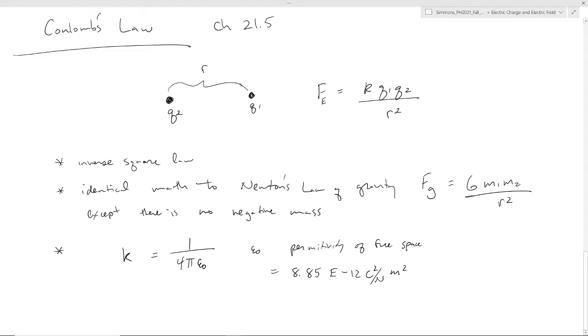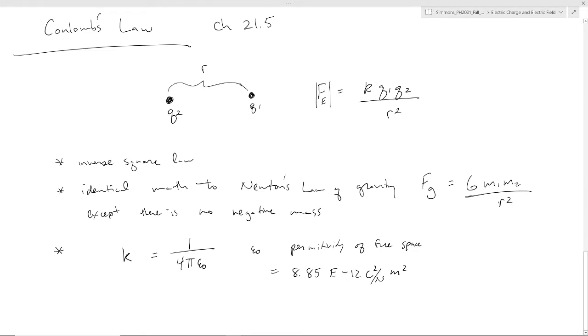So there's that. And then the other thing that I wanted to mention and be a little more rigorous about is that this is a force, so this has direction. It's a vector. What I have written so far is just the magnitude, just the size.